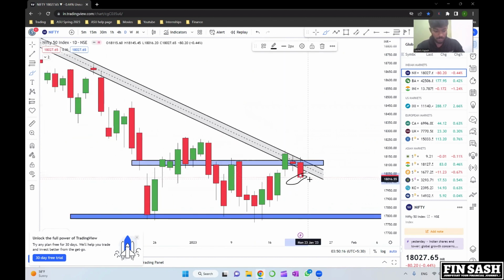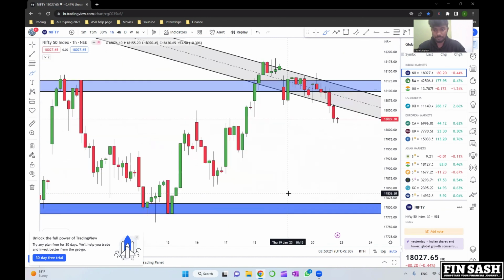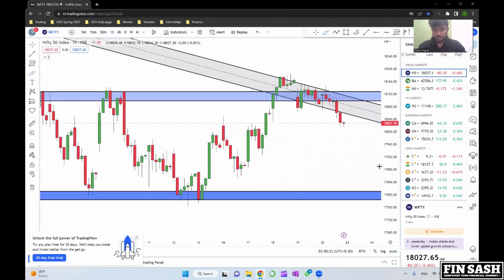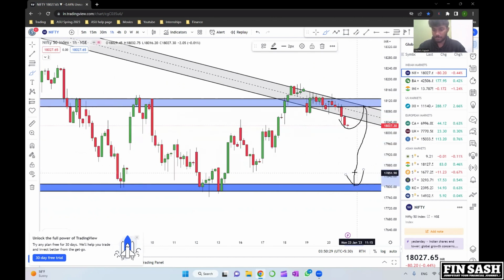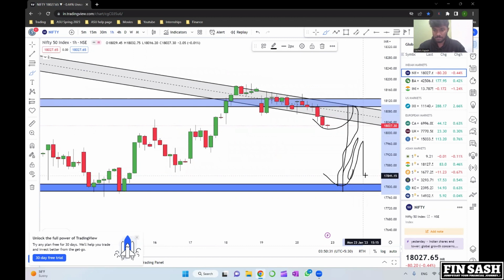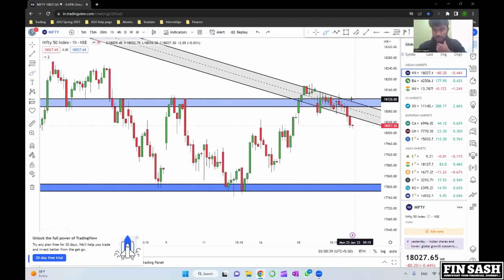It already gave a red candle, but if you go into a lower time frame, so if there's a pullback here, you can expect the market to be in this region for next week. So if you want to take up a trade, you can take it somewhere in this region and take a downtrend trade.